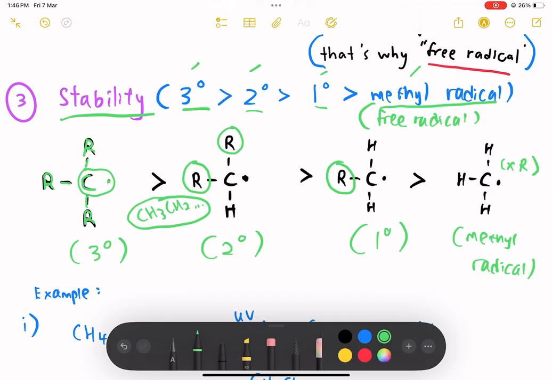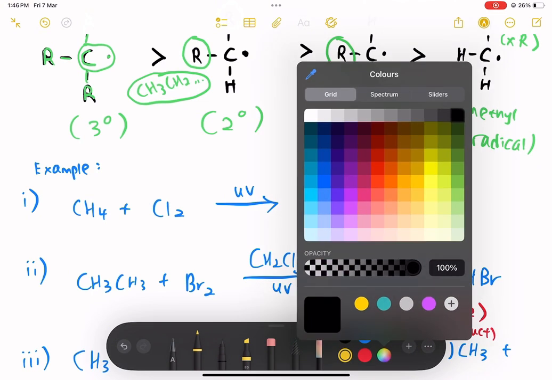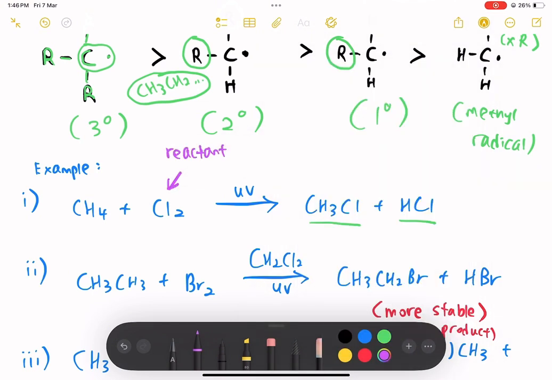Now let's see a few examples for you to learn about free radical substitution. First, we have CH4 plus Cl2 in the presence of light, which is UV, to form CH3Cl plus HCl. From this equation, this is the reactant.